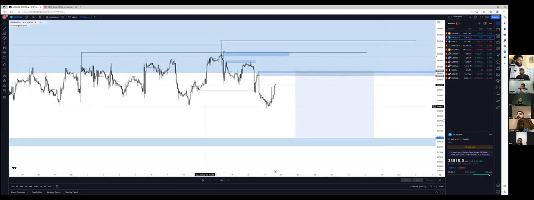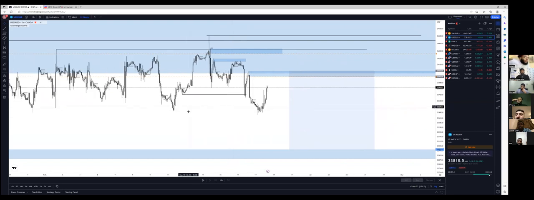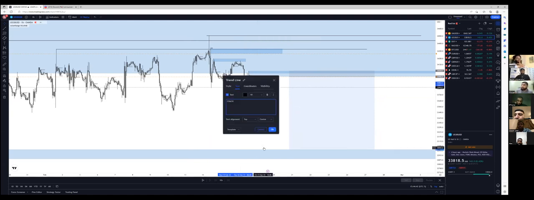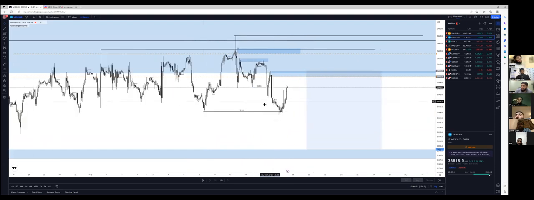Okay, so over here, we can see that price changed character once here. Okay, and price changed character once again. Where? Right here.